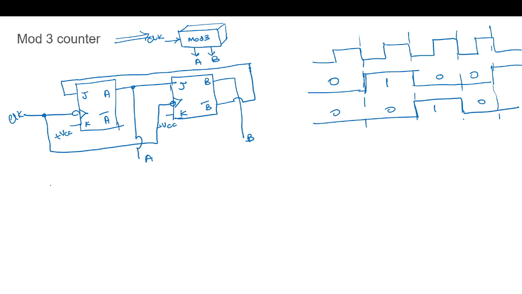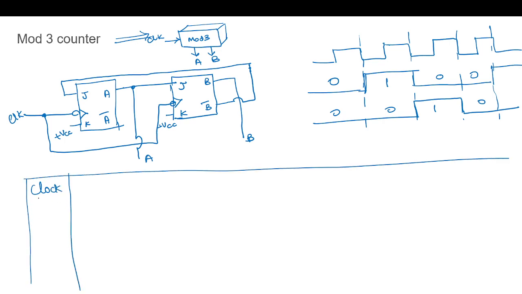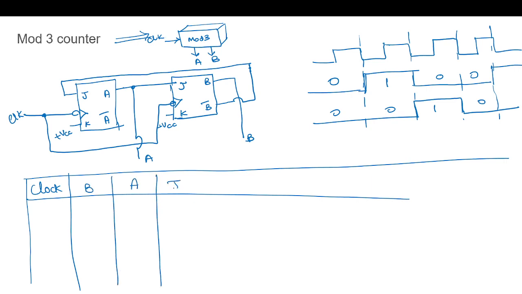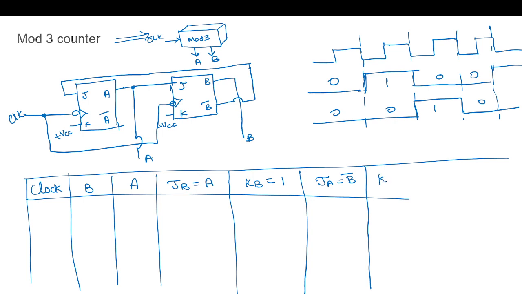So if for this circuit we want to analyze it, B A: JB is A and KB is 1, JA is B bar, KA is 1, and count.